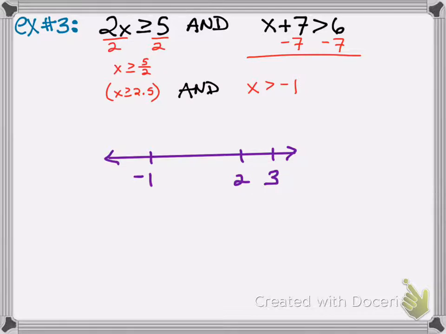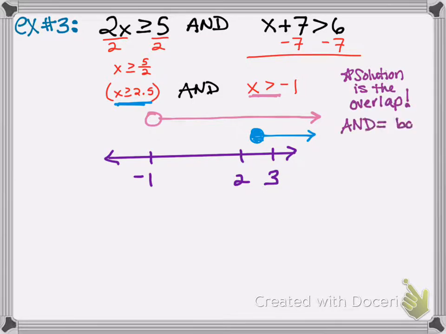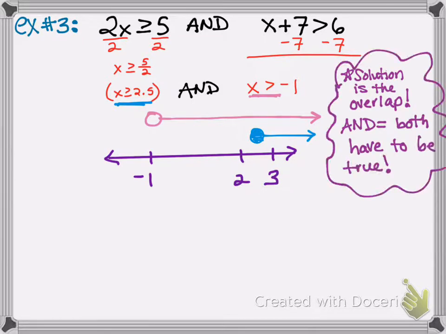So let's go ahead and graph both of them. x is greater than or equal to 2.5 needs a closed circle, and then x is greater than negative 1. Now here's where it's different because it's an and statement. And solution is the overlap. And means both have to be true. So we can only say the solution is the overlap.